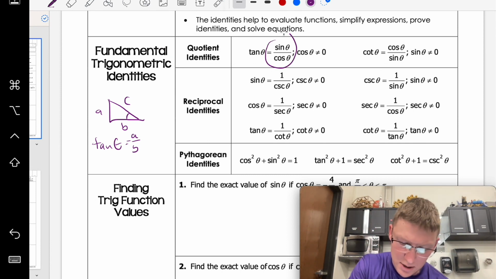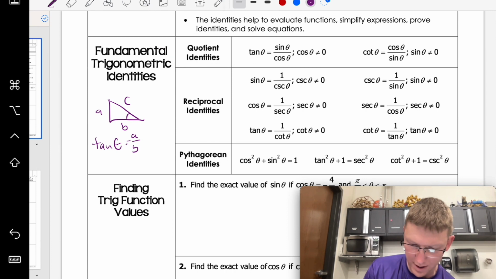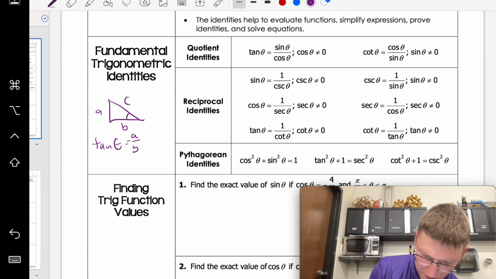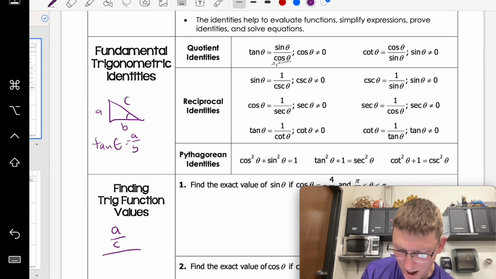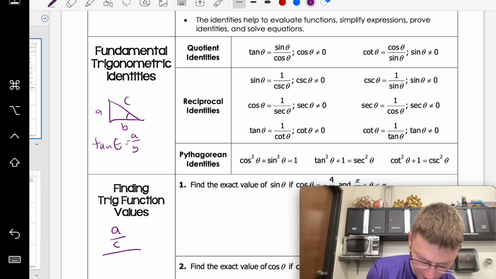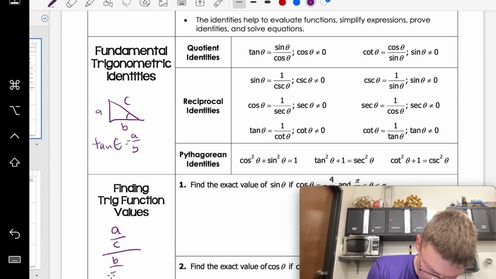Now let's divide this one up into its more basic components. Sine of theta is opposite over hypotenuse, divided by cosine of theta, which is adjacent over hypotenuse.